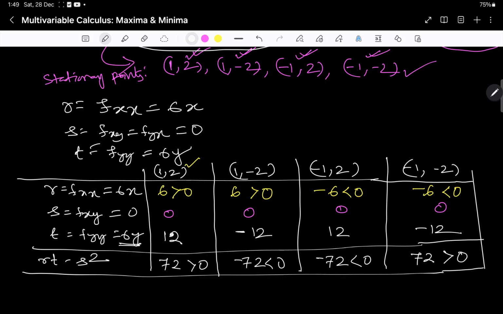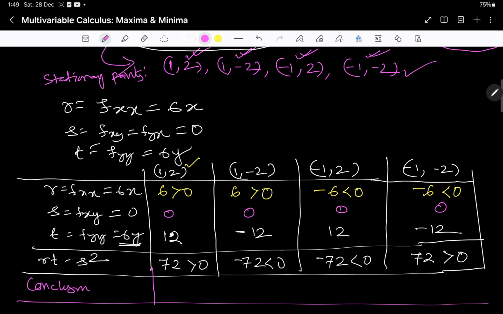Then what is your conclusion now? Coming to the conclusion. You see here, in the first case, r is positive and rt minus s square is positive, both positive. So it is a point of minima. And here it is positive and it is negative, right? So if rt minus s square is negative, irrespective of r, then it is a case of the saddle point.